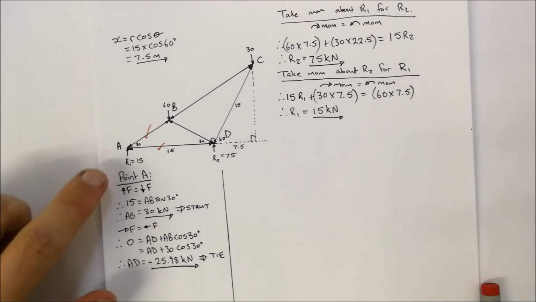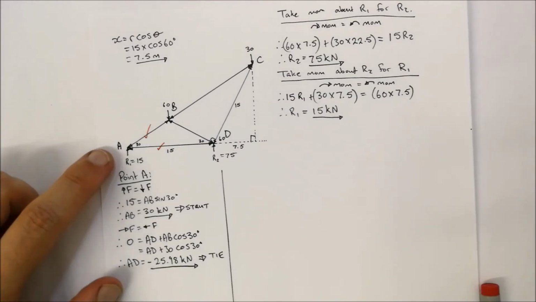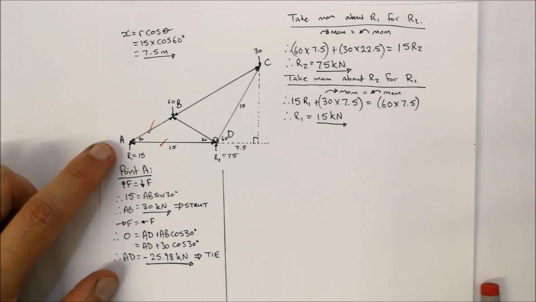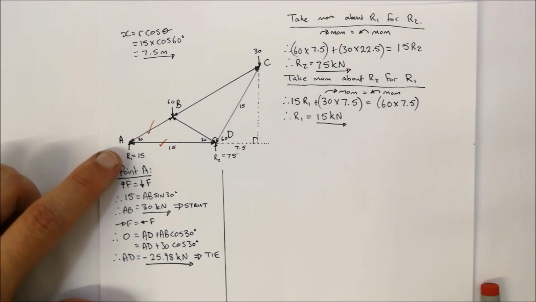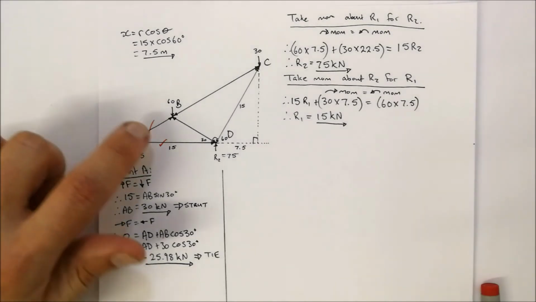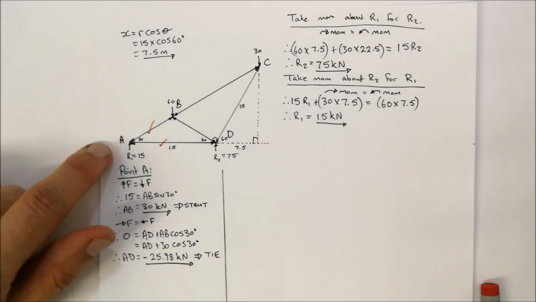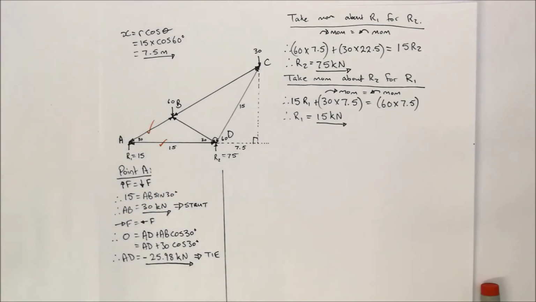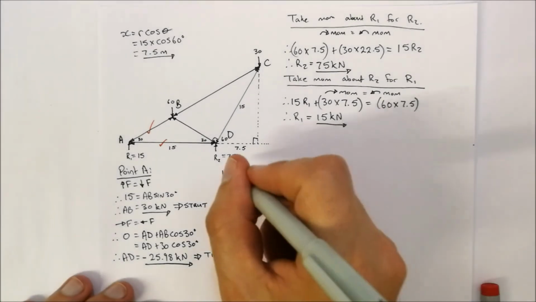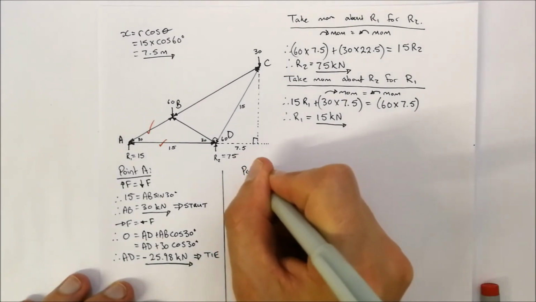If you have a look at point A, for example, you'll see that we've got a vertical component, which was R1, and we've got a vertical component of beam AB, but beam AD doesn't have a vertical component, so that was possible for us to calculate. Because this now becomes a little bit tricky, we're going to have to do simultaneous equations. So we're looking at point B.